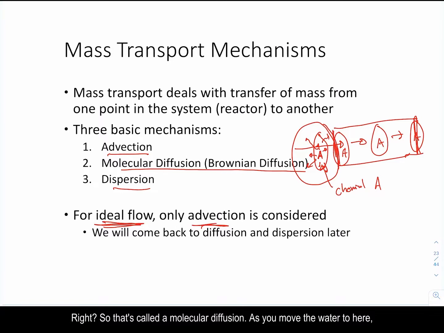Dispersion could also occur as you move the water through here, where there may be turbulence, right? Turbulence creates a difference in the velocity and so on. And those things may also help chemical A spread apart and change in its concentration, right?